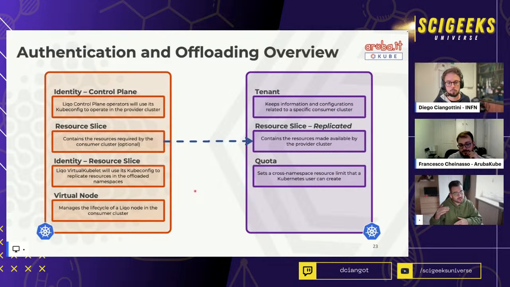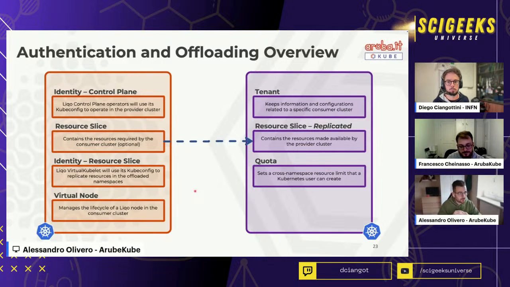So we have two different kinds of users and permissions in Liqo. We have the control plane permissions, which are the permissions required to operate in the tenant namespaces we saw before. They are once per couple of clusters.